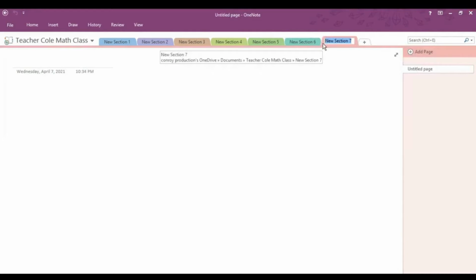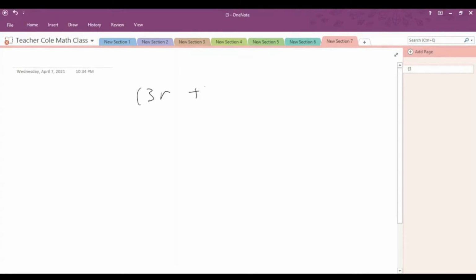So the seventh one, it's a bit applying the rule, right, in its simplest form, in which it says 3r plus 2 all squared, right? And this is using the expression a squared plus 2ab plus b squared.